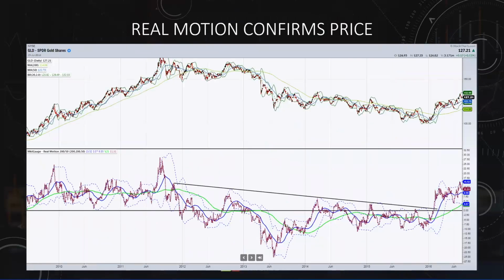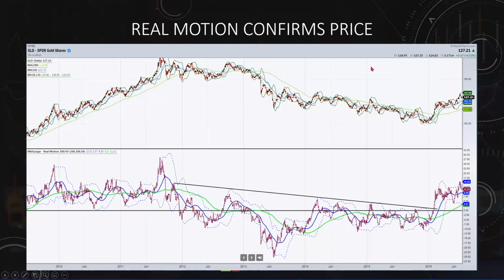Okay, let's take a look at another setup that's similar to this conceptually. Using trend lines, that could be done on our real motion. So this is taking a look at gold, and this was back in 2015, which was an important period of time for gold.